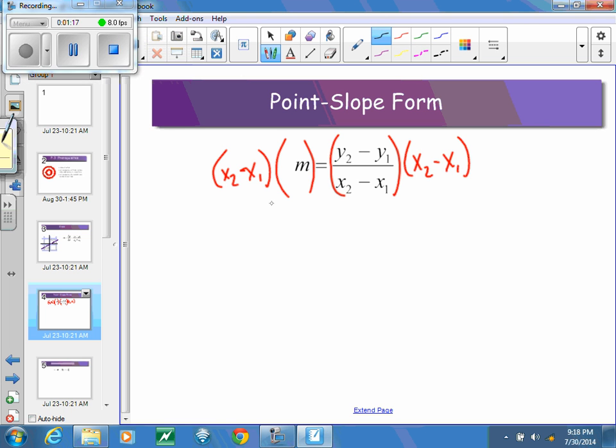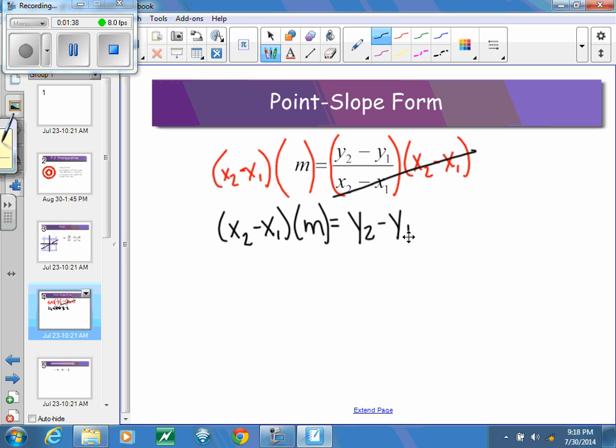And by doing that, I'm going to rewrite it slightly. Here, this is going to cancel. I've got now, I'll write this out as x2 minus x1 times m is equal to y2 minus y1. And really right there, that is our point slope form.